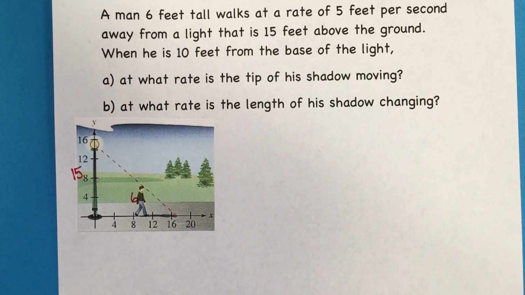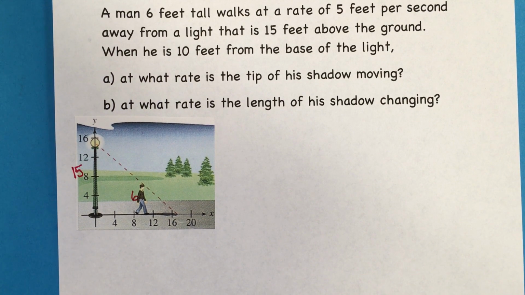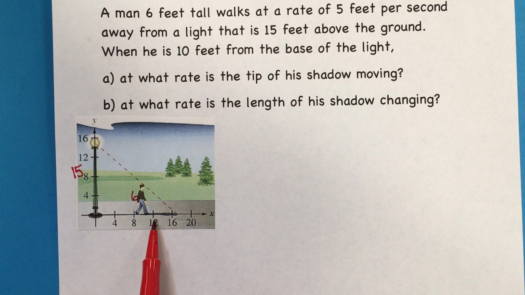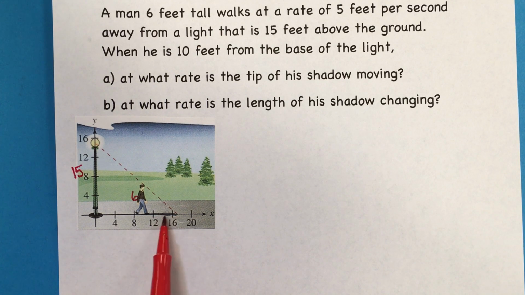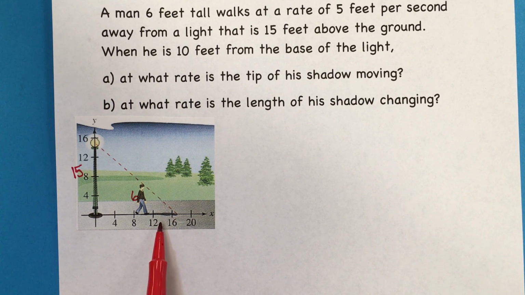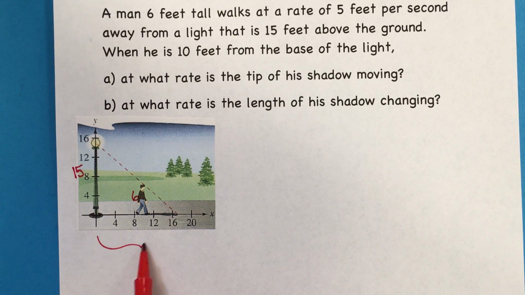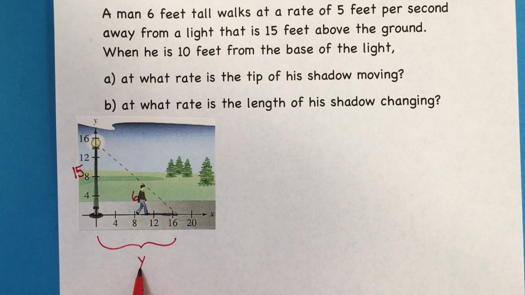Now, what you need to do on a problem like this is define some of these lengths down here at the bottom, because we are talking about the tip of the shadow moving and the rate at which the length of the shadow is changing. So I'm going to call the overall distance from here to here y.